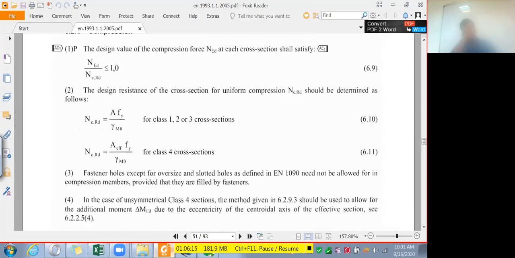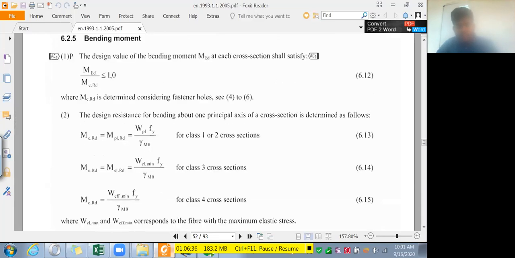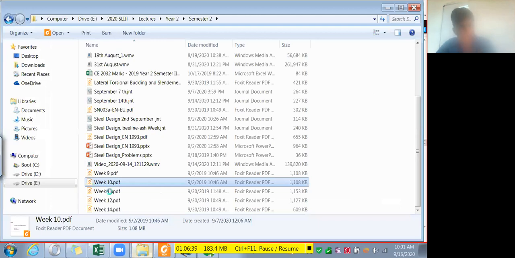So for example, if it is under bending, you have to check for design resistance according to the clause. But compression is not as simple as you think. There are different kinds of compression failures that could occur. So we will see that.